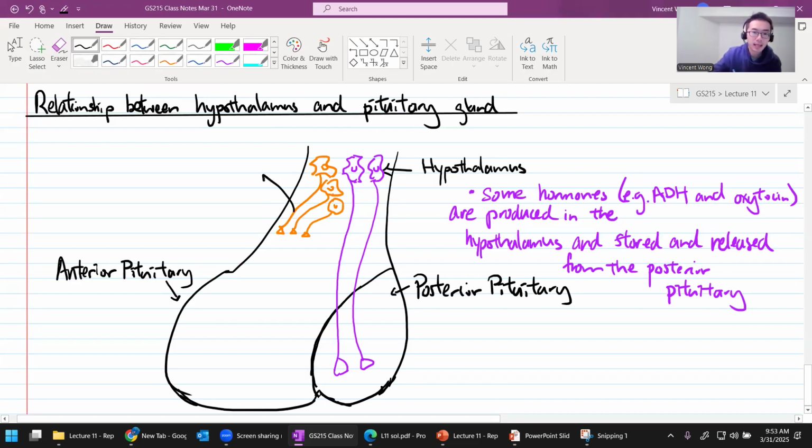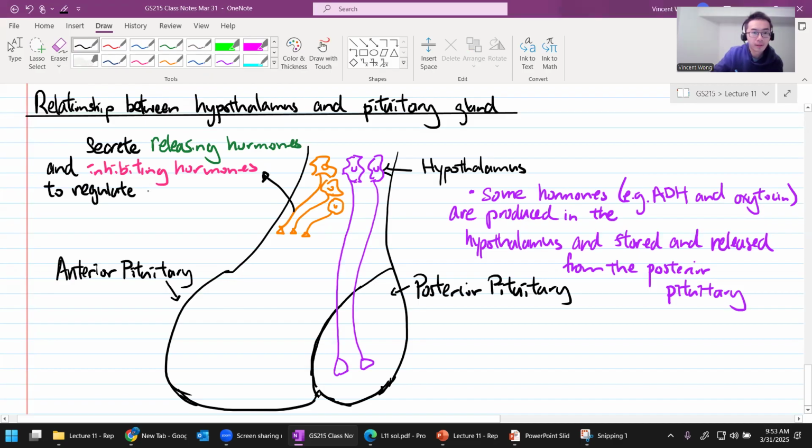These neurons secrete releasing hormones and inhibiting hormones to regulate the release of anterior pituitary hormone.